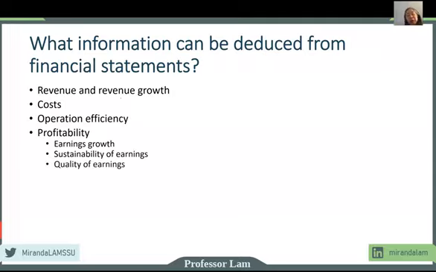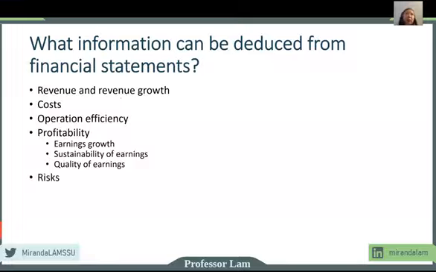And then of course, we are also concerned about the quality of earnings. So quality of earnings here has two aspects. One is the quality of the financial information themselves. And the second is what is driving earnings.